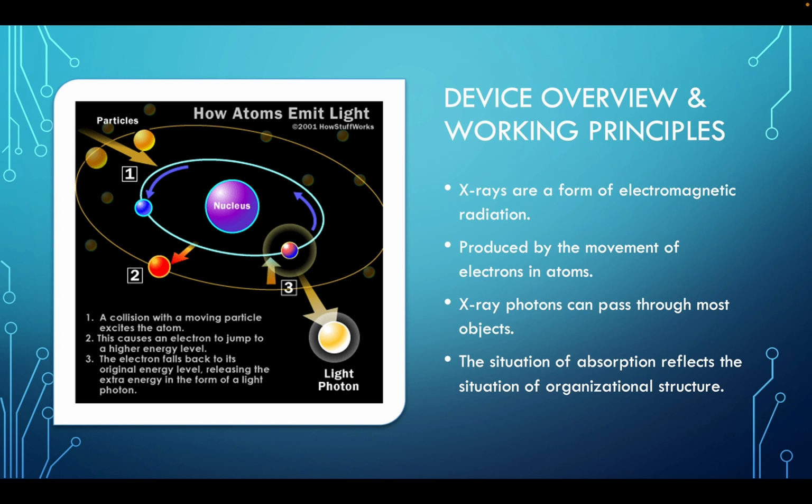X-ray photons can pass through most objects because their energy is so large compared to other waves. However, they can knock an electron out of an atom. Some of the energy of the X-ray photon separates the electron from the atom, and the rest allows the electron to move freely through the medium.